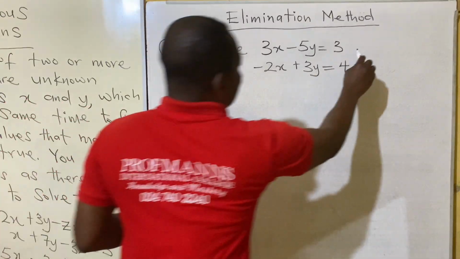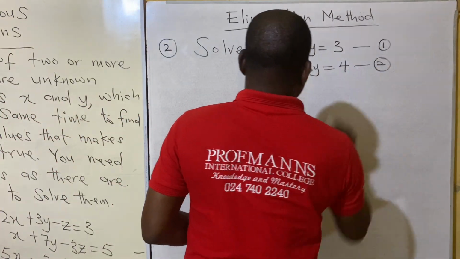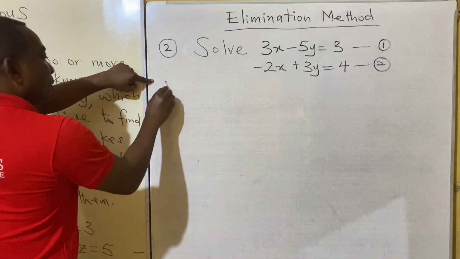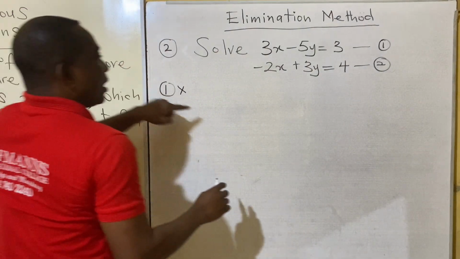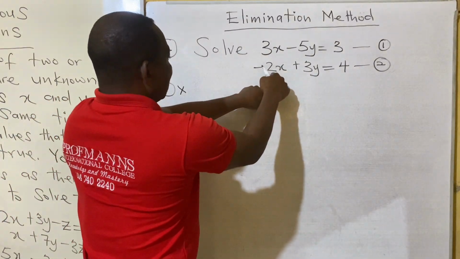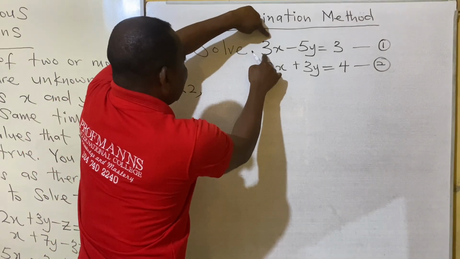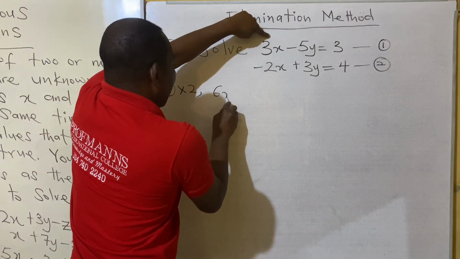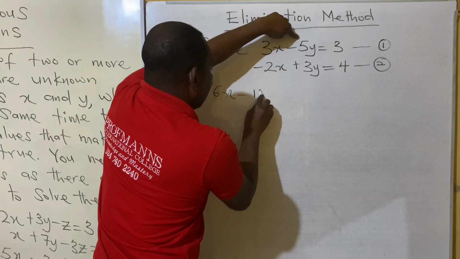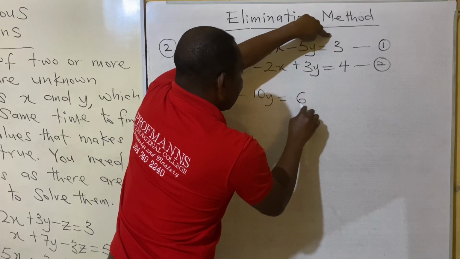So we call this equation 1, equation 2. So we pick equation 1 and then multiply by the other coefficient, which is 2. In so doing, this becomes 6x. 2 times 5 will give us 10y. 2 times this will give us 6.